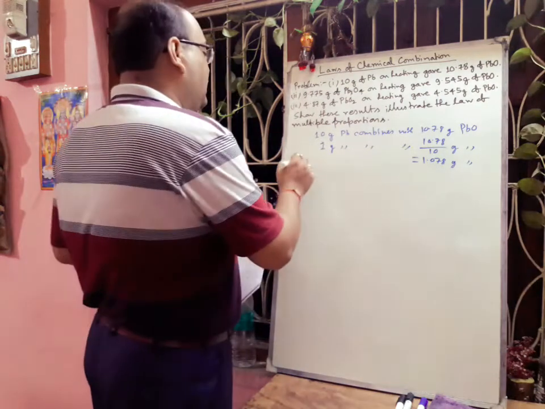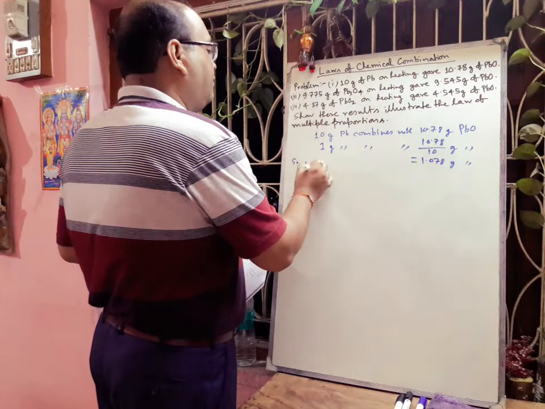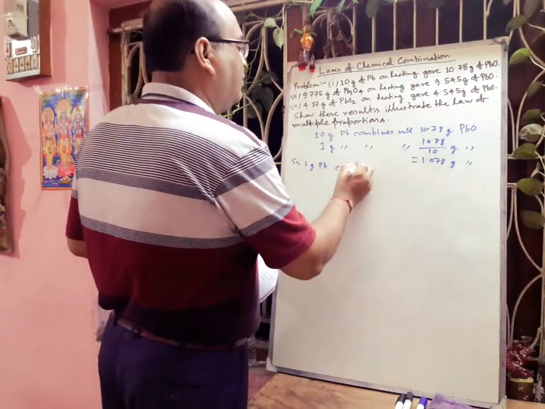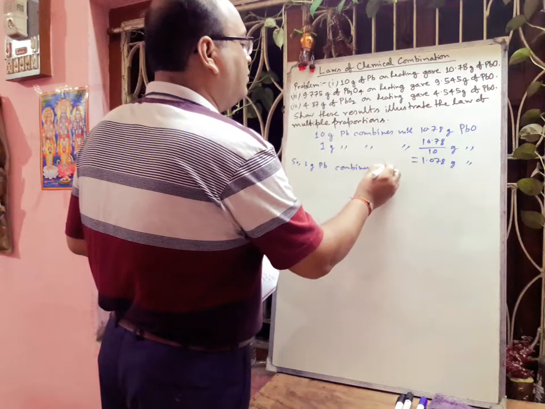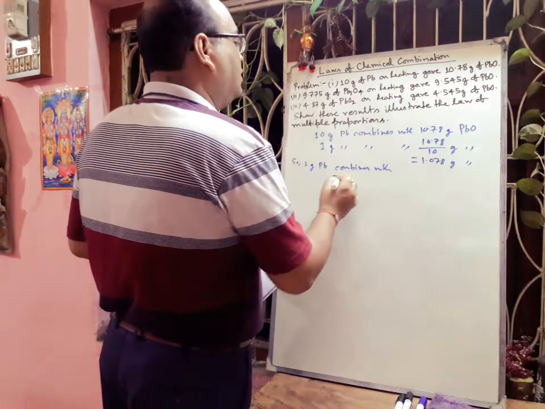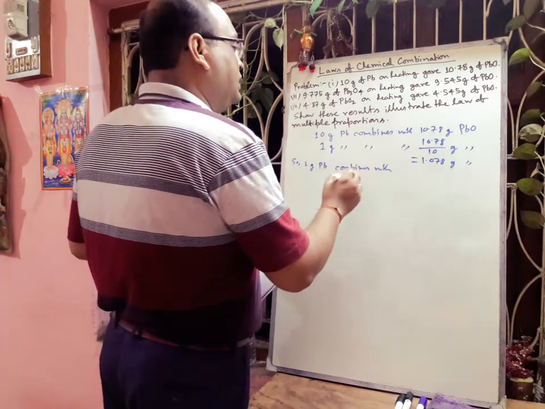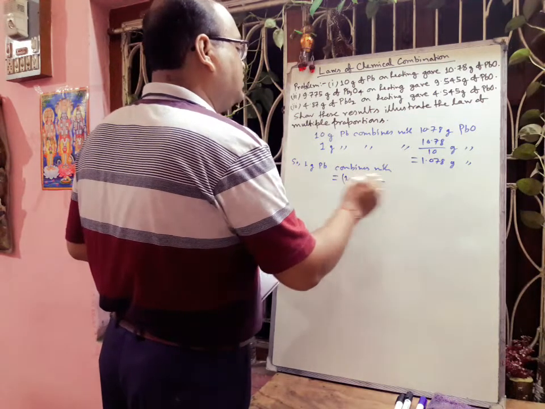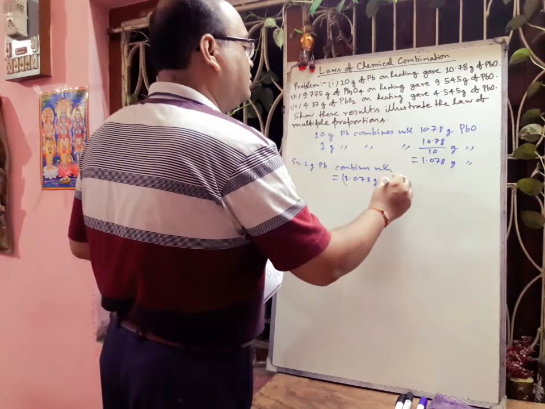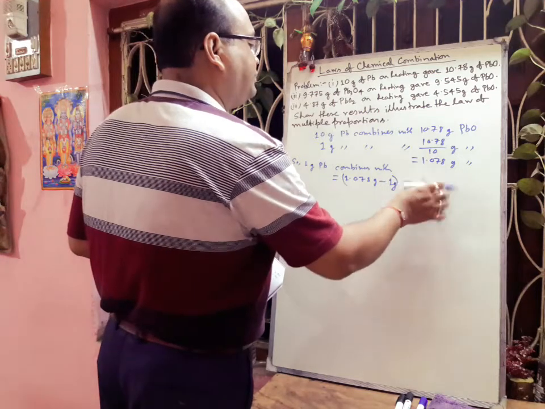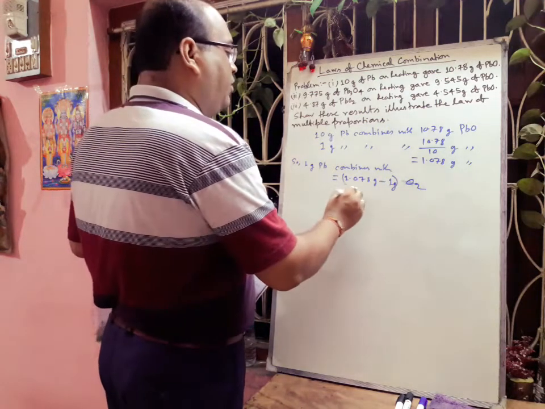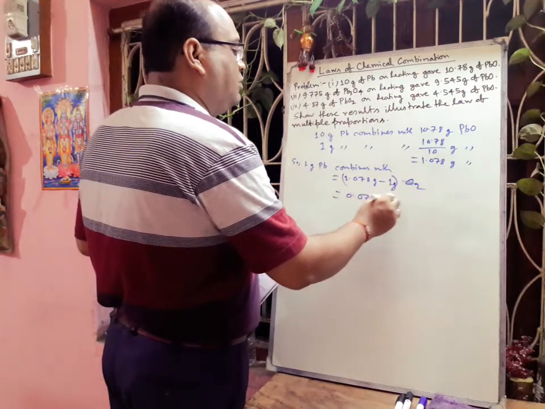So 1 gram lead combines with 1.078 gram minus 1 gram oxygen, that will be equal to 0.078 gram oxygen.